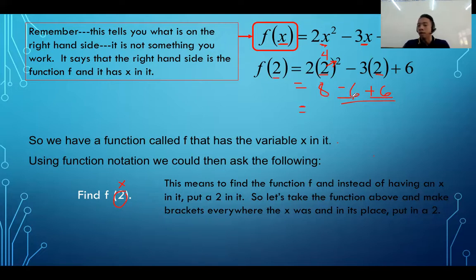If we have numbers with different signs, we can cancel them out. So the only number left is 8. Therefore, the function of 2 in this equation is 8. That is how we can evaluate functions. Another example.